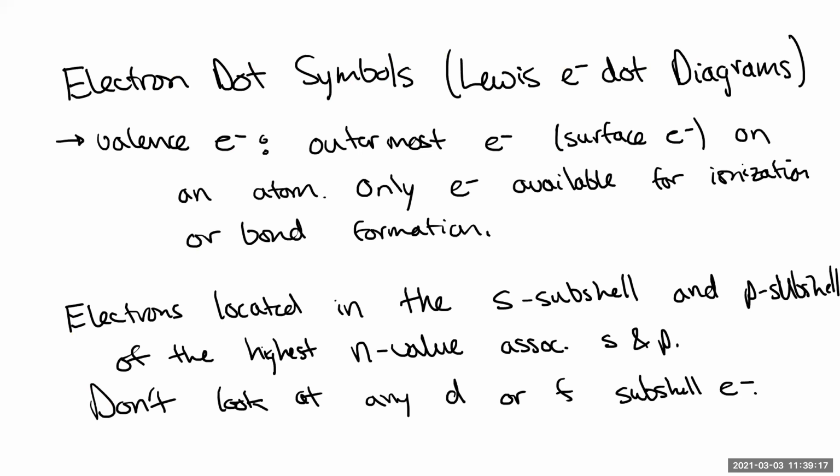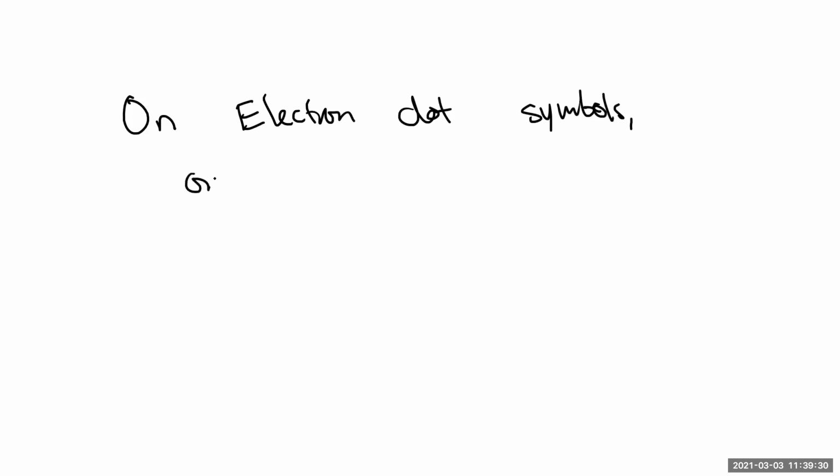Now, that's important because on electron dot symbols, you only show the valence electrons.